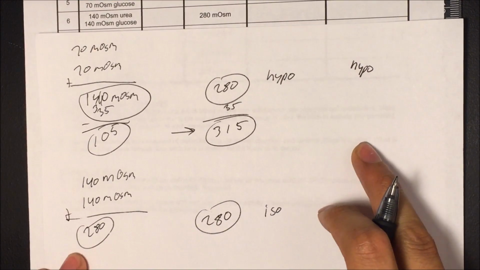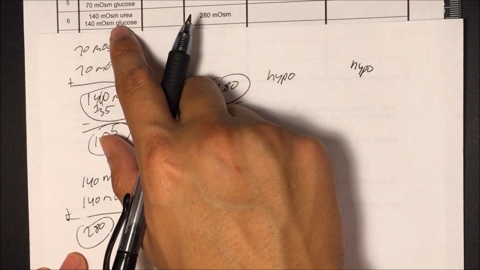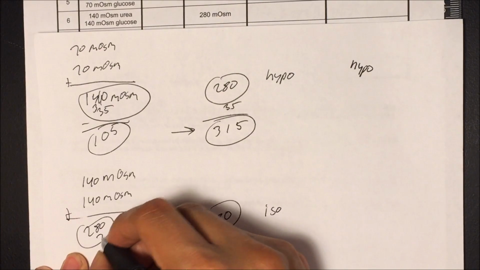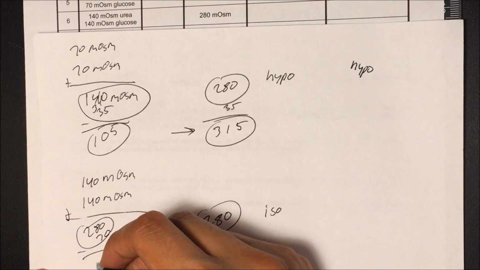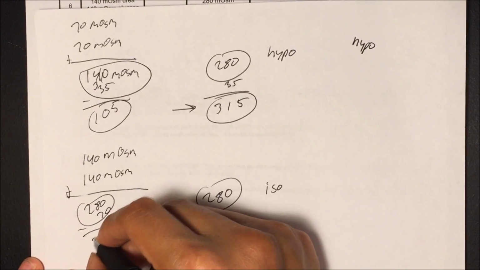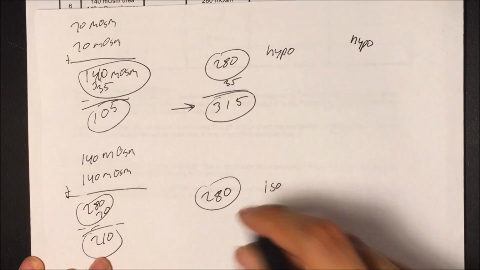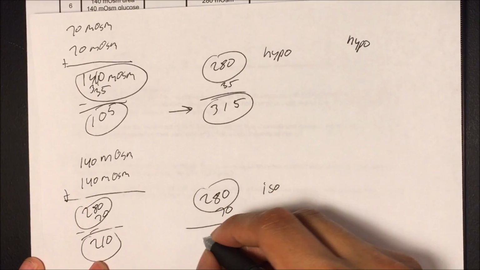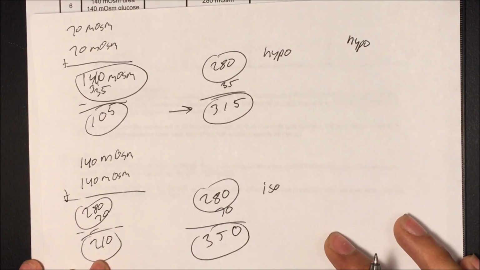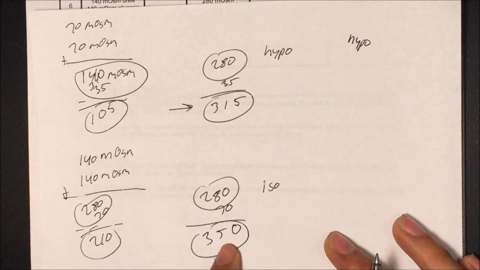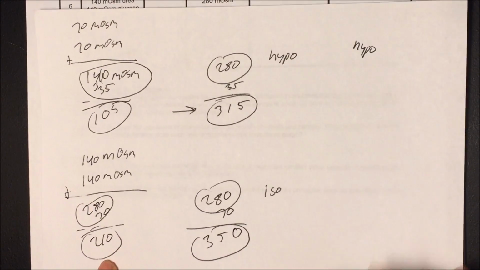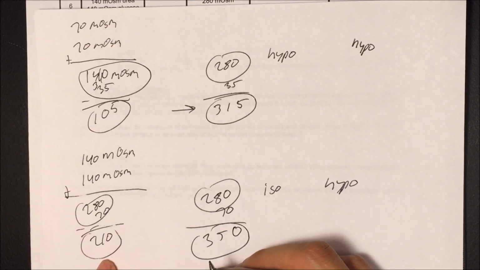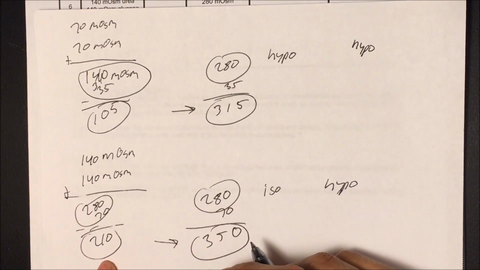Now, for the tonicity, since we do in fact have urea, we take half of 140, which is 70. So we're taking away 70 here, making this 210. And we add 70 to the red blood cell, making 350. Now, since we have more inside of the cell than outside of the cell, this will be hypotonic, and the direction of water movement will head into the cell.